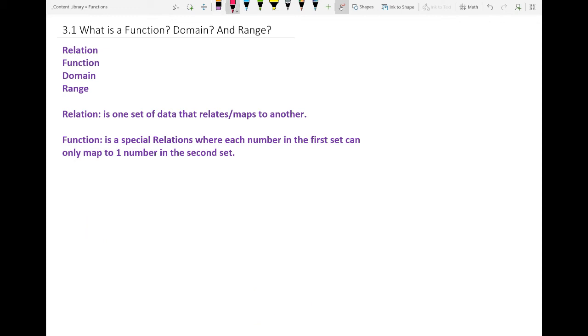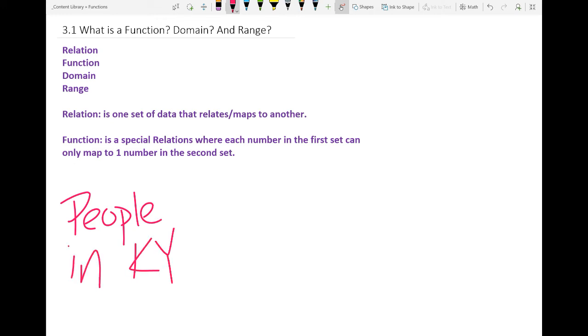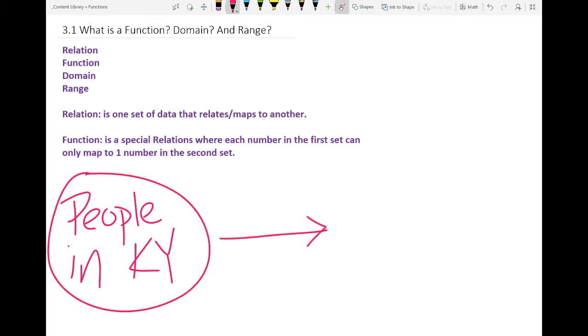Because, I'll just explain. Let's say in our first set, we are talking about all the people that live in Kentucky, the whole state of Kentucky. And we're taking all those people and we're mapping to their birthday.